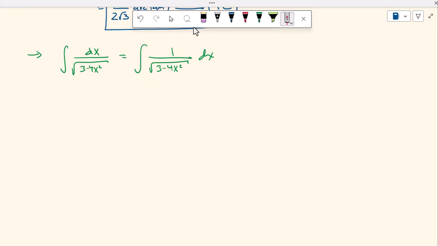Okay, so usually we'd start this and we'd say, okay, let's let u equal 3 minus 4x squared. Du is a negative 8x dx. Okay, doesn't work because I don't have a negative 8x. So I'm going to have to rework this and think, okay, could this fit a form? And I think the answer is yes.